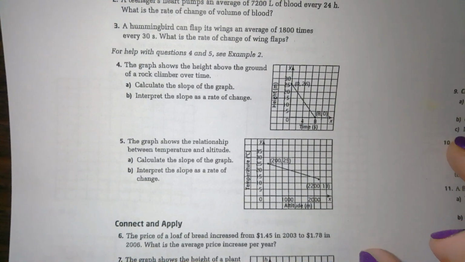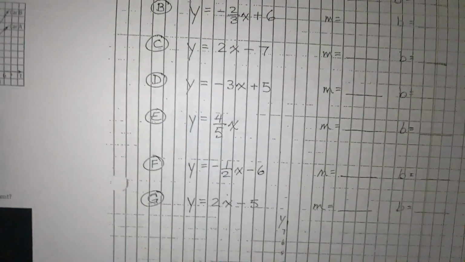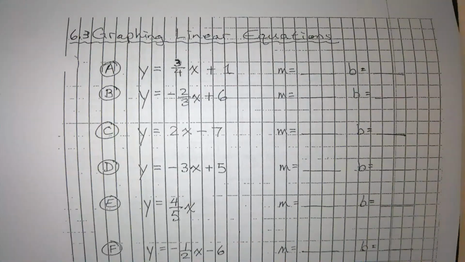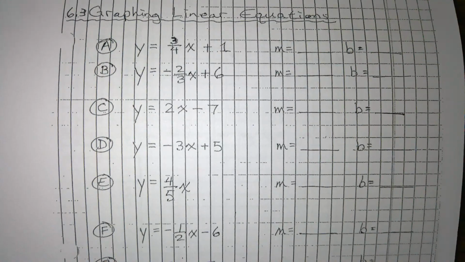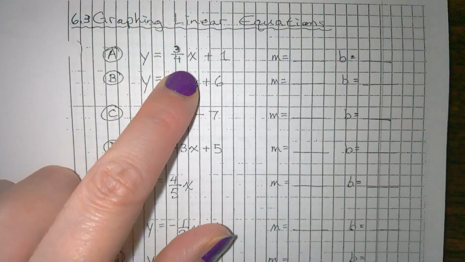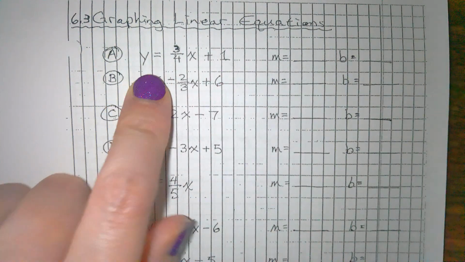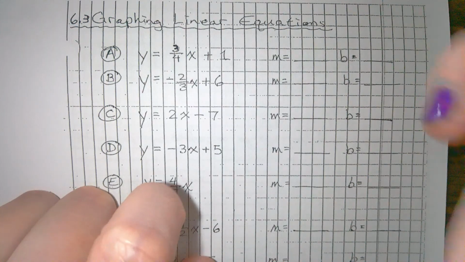Okay, so I do want to start on this. Page 10. Okay, so graphing linear equations. If you are given the equation y equals mx plus b, what is your m?